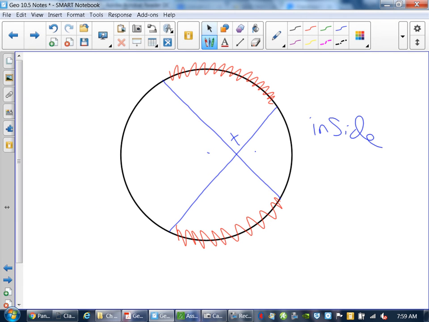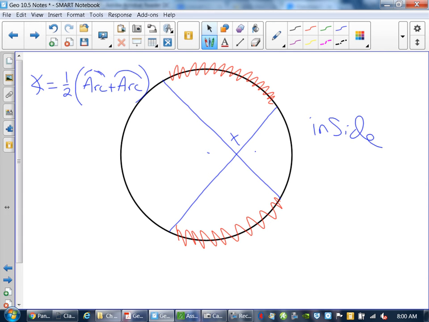So here's what happens. Your angle is going to equal half the sum of the two arcs it hits. Think of it as an average.